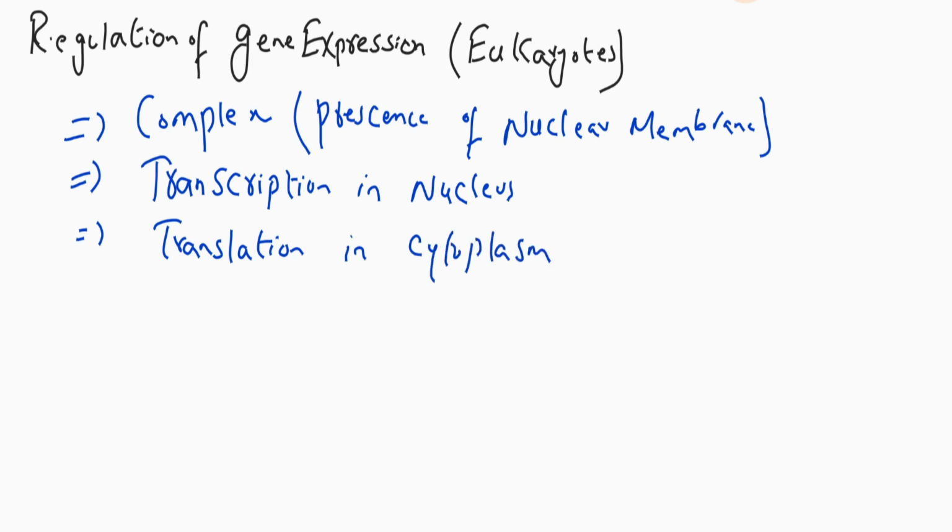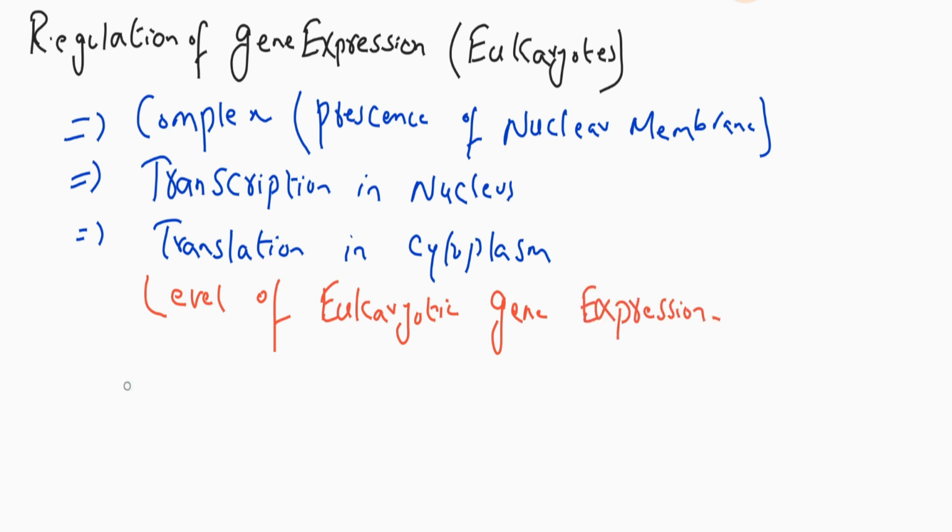The eukaryotic cell regulates gene expression at many different levels. The levels of eukaryotic gene expression include, number one, the accessibility of DNA.